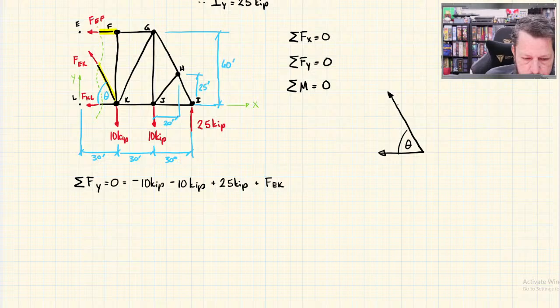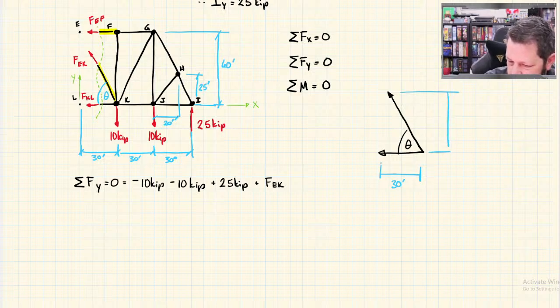And what do we know? We know that this distance is 30 feet and this distance is 60 feet. So that those are the hypotenuse and the adjacent side.